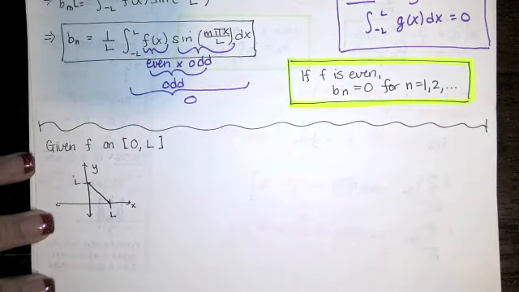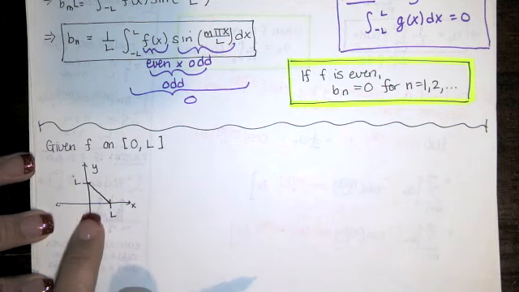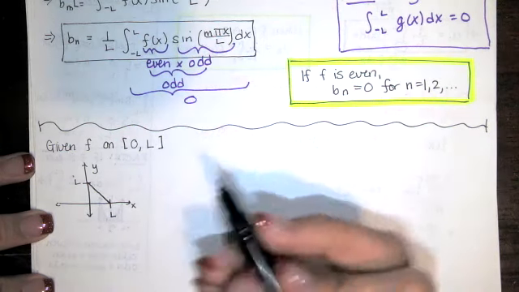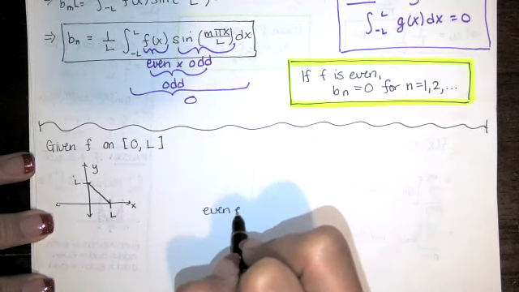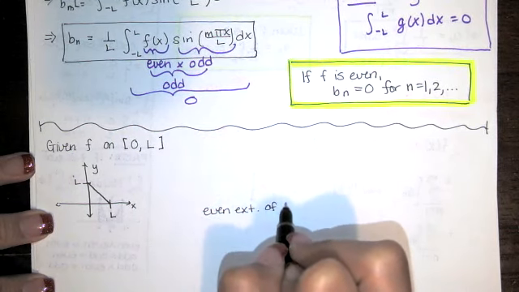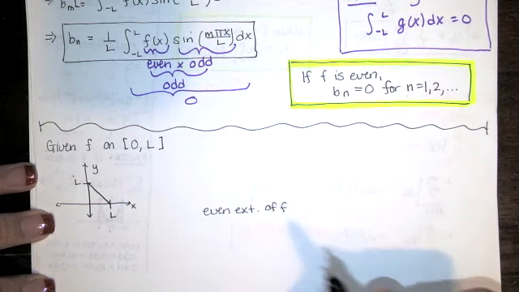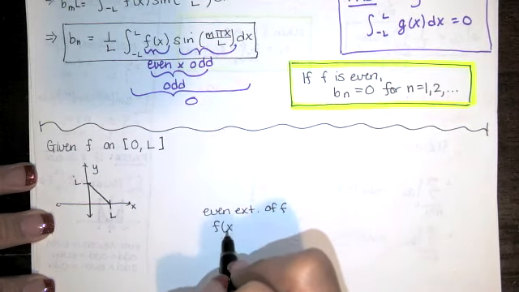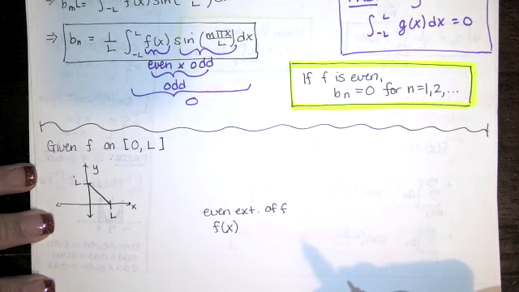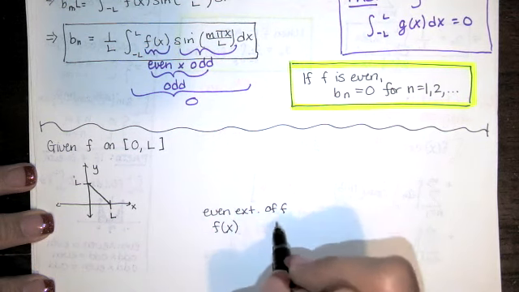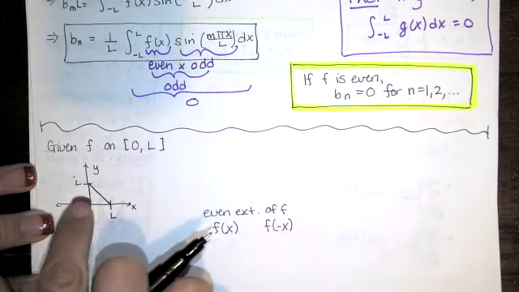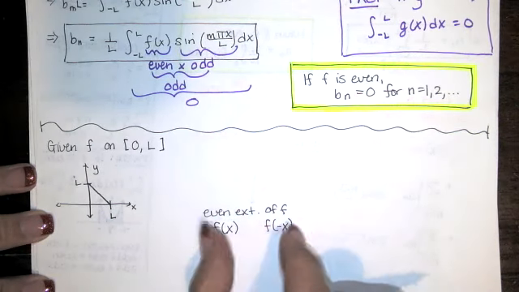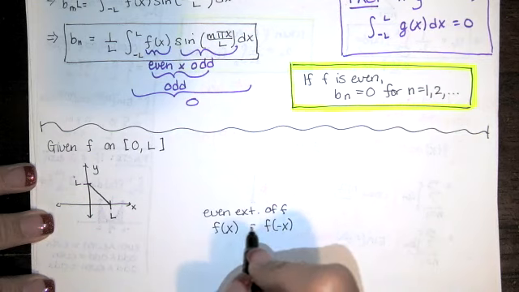If I wanted to create an even function based on this, remember what we say about even functions. f of x, that's the y value, x units from the origin on the right. And f of negative x, that's the y value, x units from the origin on the left. If you go the same distance, you're going to have the same y value.